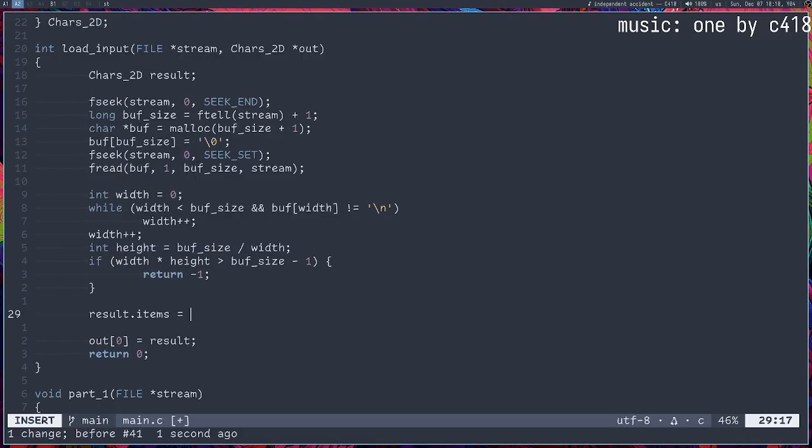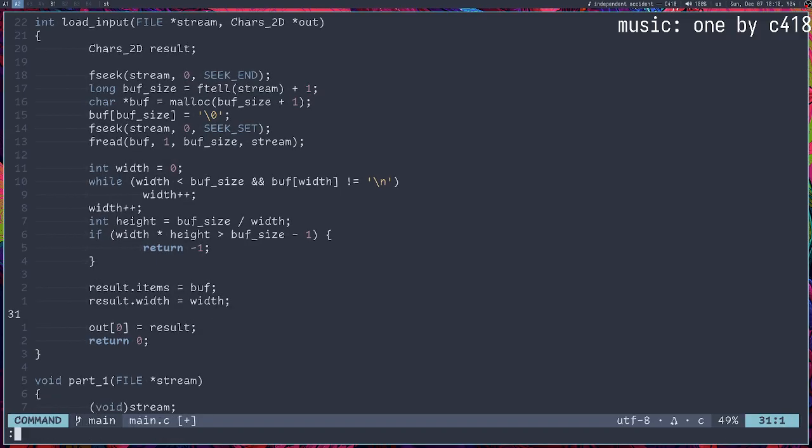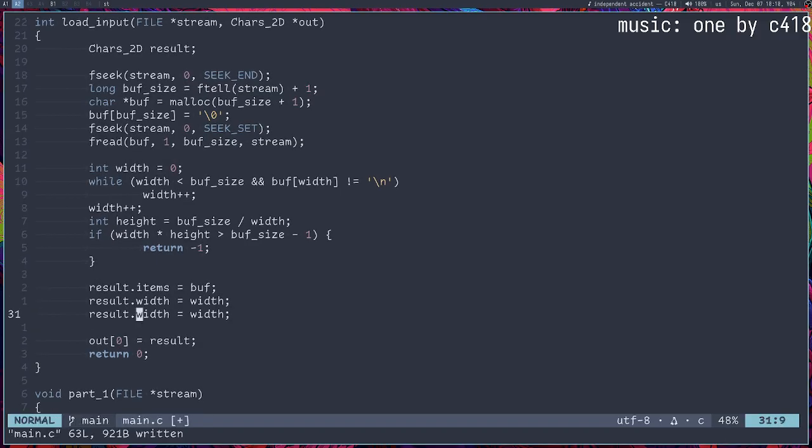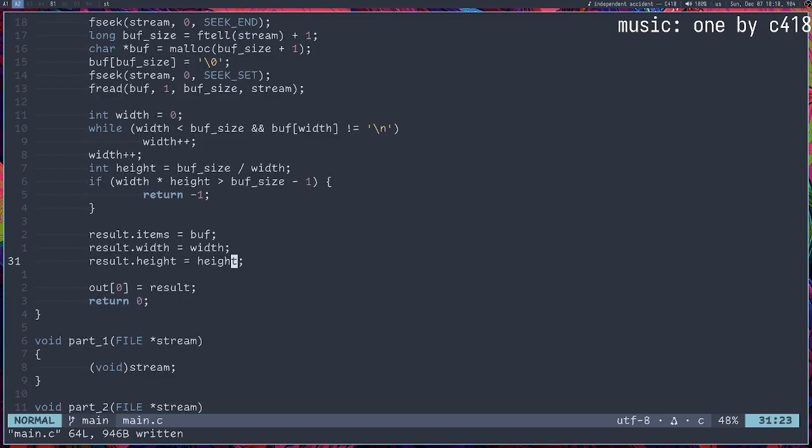Result items equals buff. Result width equals width. Here I can just replace it with height. I don't know why I did that.